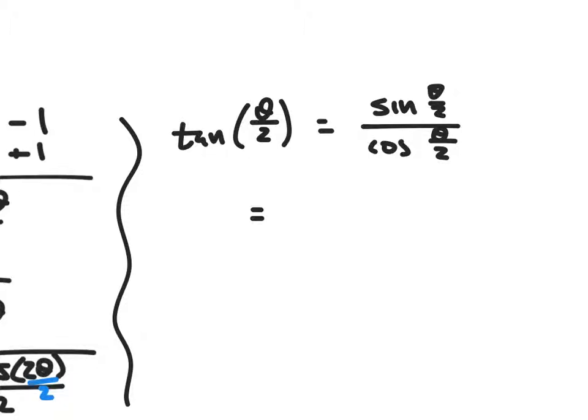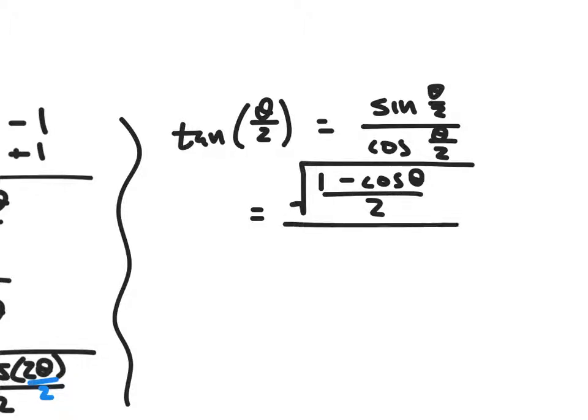And so sine of theta over 2, we were going to write that as the square root of (1 minus cosine of theta) over 2, divided by the square root of (1 plus cosine of theta) over 2.